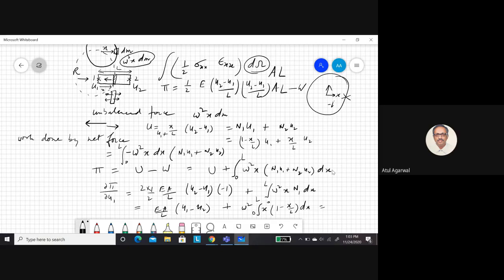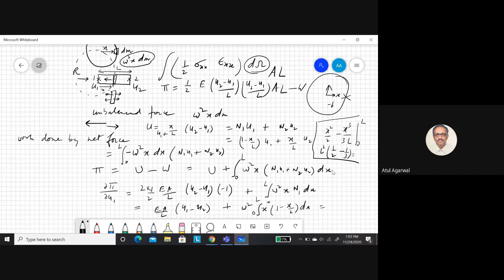So what is this integration? x square by 2 minus x cube by 3L. You have to integrate from 0 to L. So what do you get? L square times 1 by 2 minus 1 by 3.